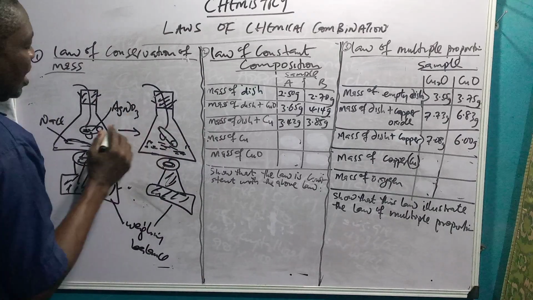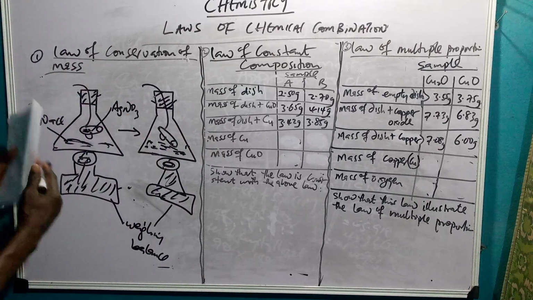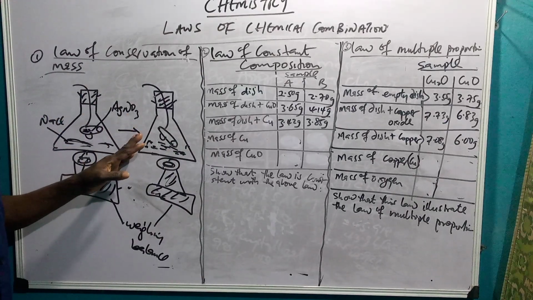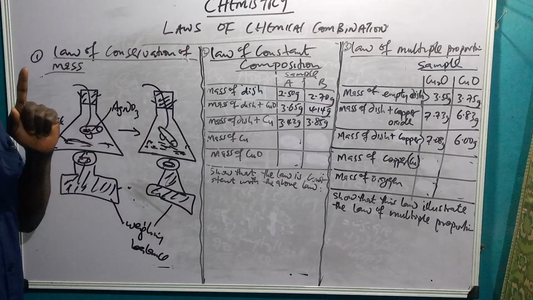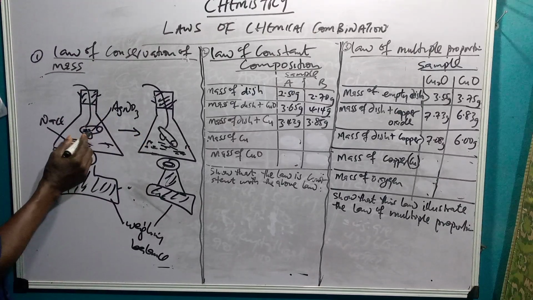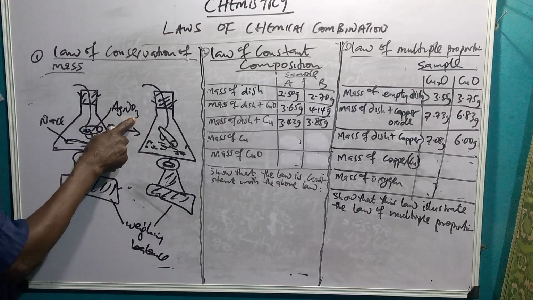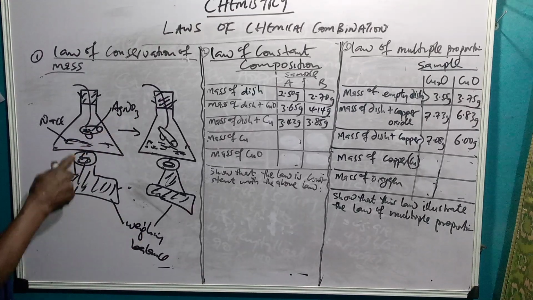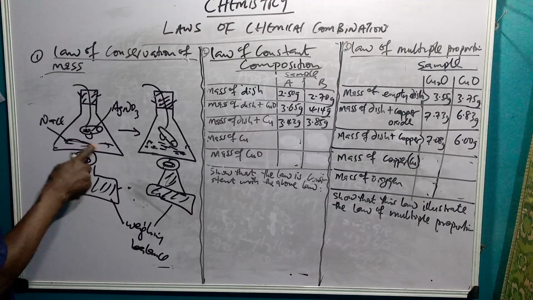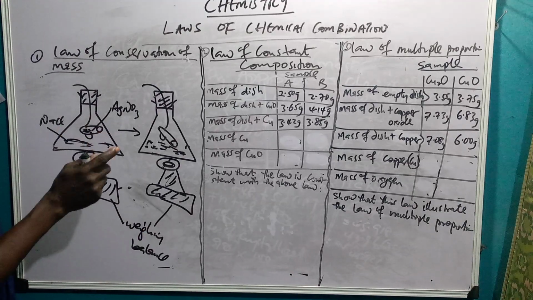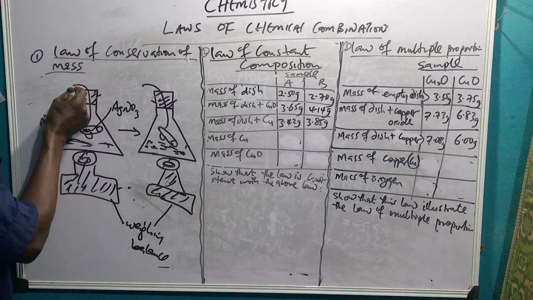So, what happens is, a brief description. Having set up the apparatus like this, just one apparatus, not two, this test tube contains silver trioxonitrate(V), which is colorless, while this solution contains sodium chloride, which is also colorless. What you do with this string is you pull it.